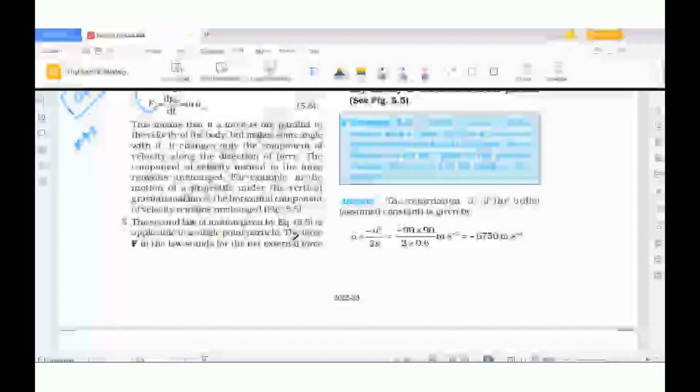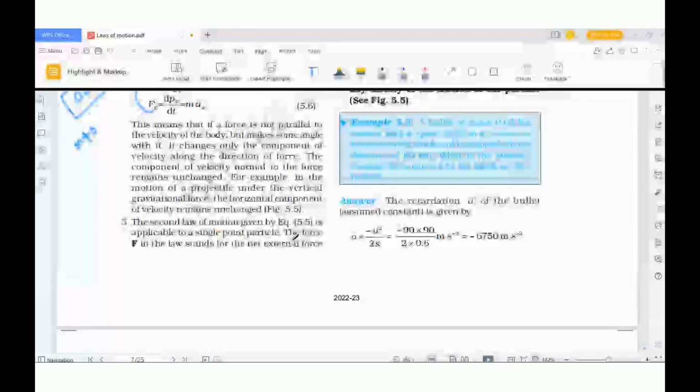Can you able to see the screen? It's just a black screen. Still a black screen. Oh, okay. Let's see. Yes, ma'am. The NCERT, right? Can see, no?